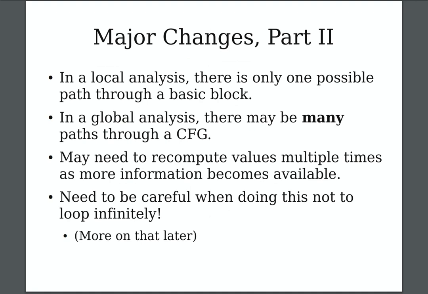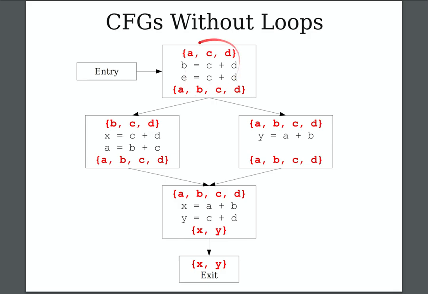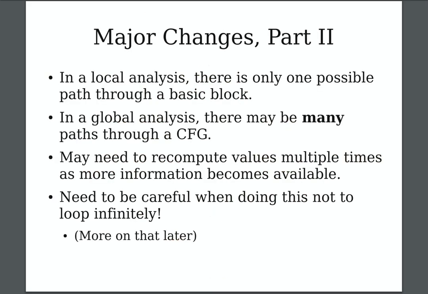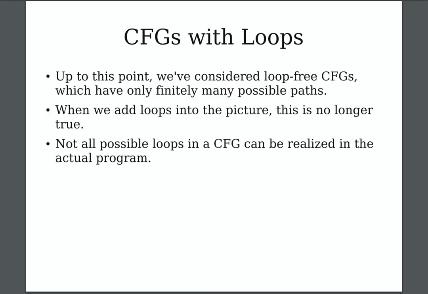So because we have to repeatedly update basic blocks, we need a way to know when to stop. We need to make sure that we're not infinitely trying to recompute the live variables. Because as you can imagine, if a program is non-terminating or it has a huge space of inputs, you may be computing this data flow analysis for a long time, possibly infinitely.